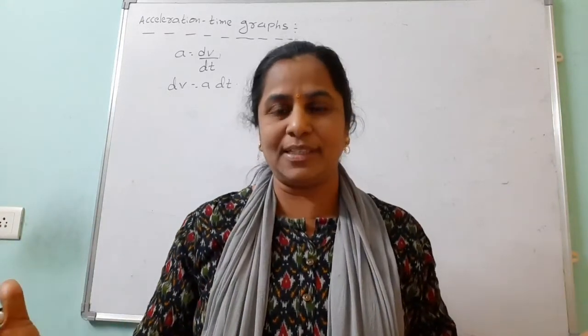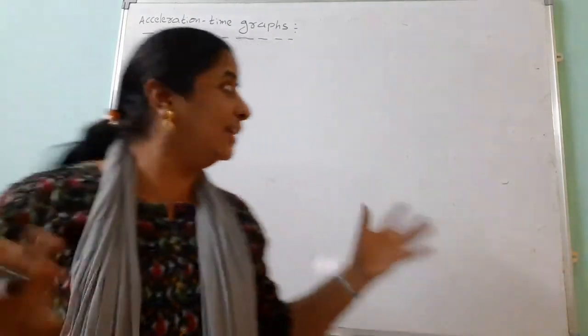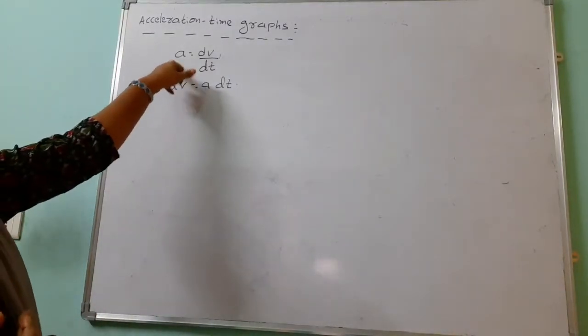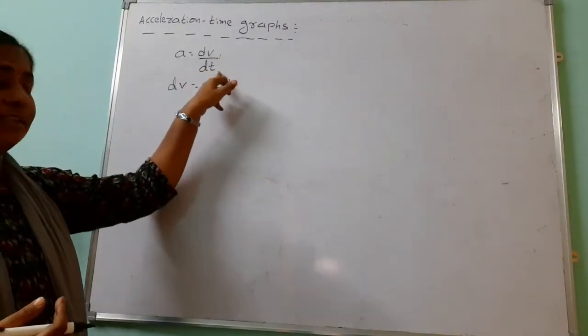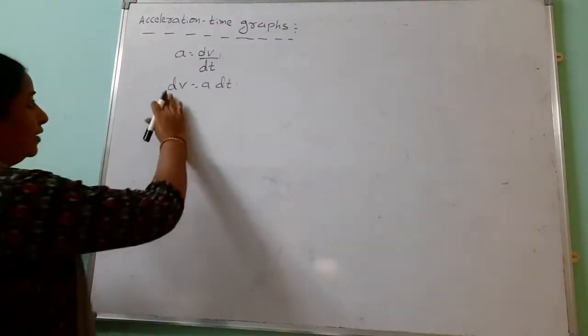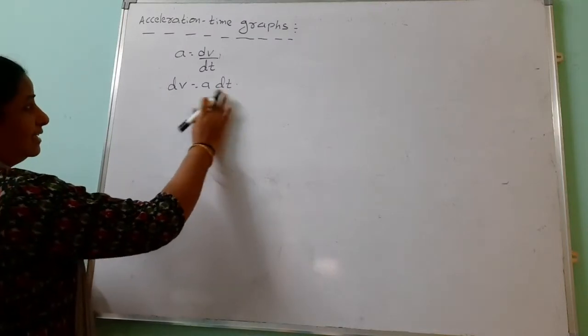Graphs are a very good method to analyze anything in any field. So for the acceleration time graph, the basic formula is that the rate of change of velocity gives the acceleration. When we cross multiply, dv equals a dt, acceleration into time.